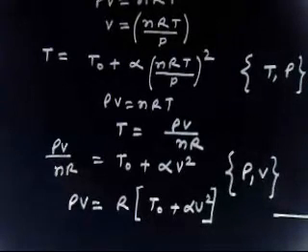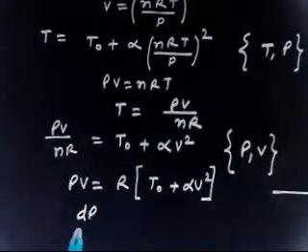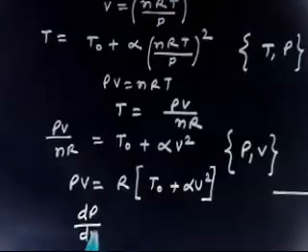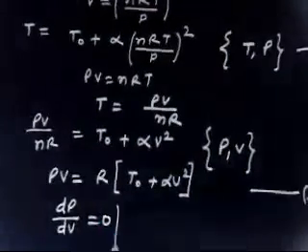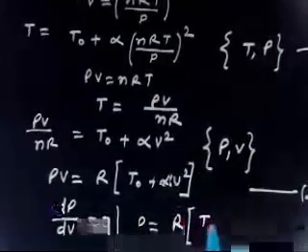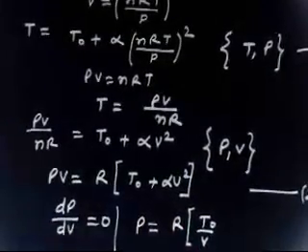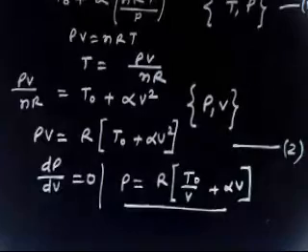Now we have two possibilities. Either I can differentiate this equation, finding dP by dV equals 0, because from here I can write pressure. The pressure is R T naught by V plus alpha V, in terms of volume.